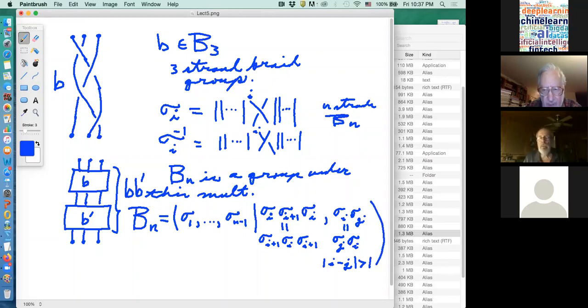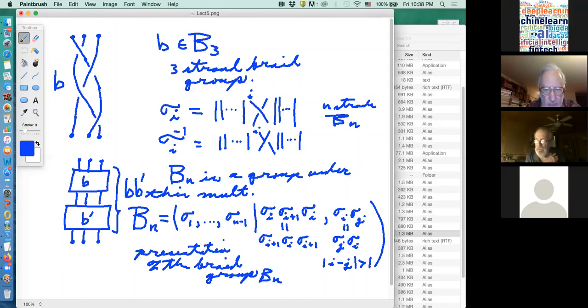So this looks just like the symmetric group, except that it's missing a relation that would say sigma i squared is 1. It's not 1. And this is the presentation of the braid group Bn. So I'm not proving that, but you can read about it and use this as a starting point.